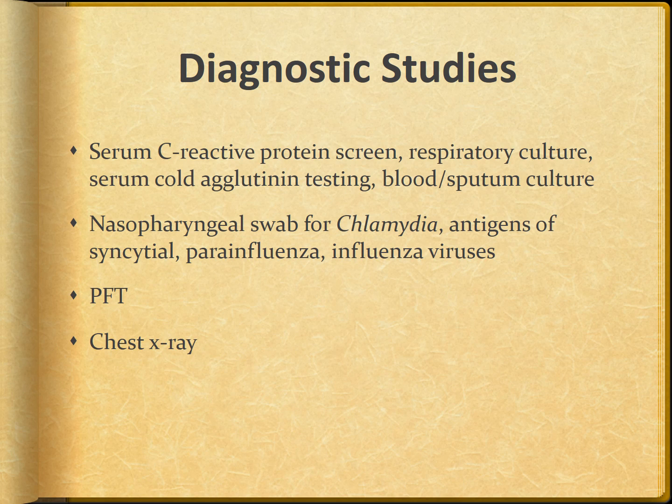Remember that the patient may have a concomitant flu virus infection, so a nasopharyngeal swab for chlamydia and antigens of the flu may be performed. If the cough is prolonged, you may consider ordering a pulmonary function test. And of course, a chest x-ray may be required.